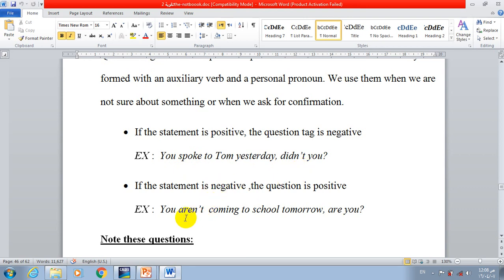And if the main sentence is negative, the question tag must be affirmative or positive. Like you see in the example. Here, there is a helping verb, but the helping verb is negative, aren't. So in the question tag, we use are instead of aren't. And after that, we must put the subject pronoun you.